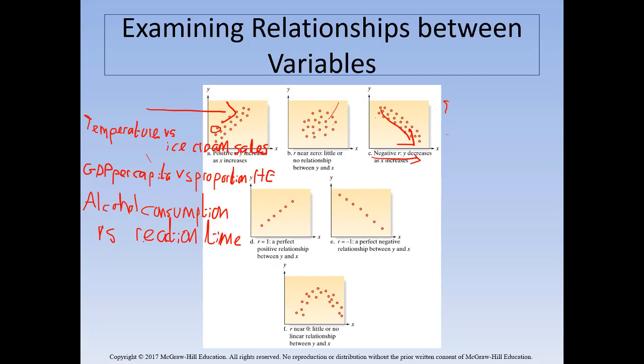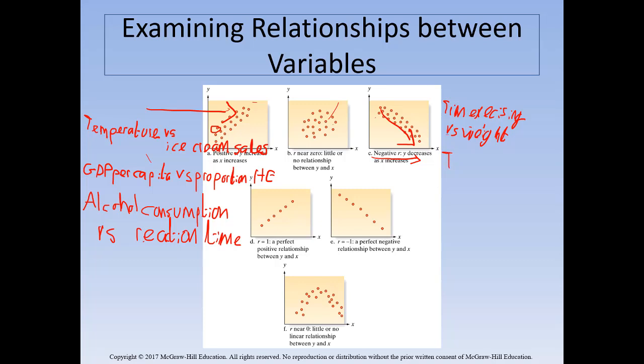So maybe time exercising versus weight. That would be a good example of something that should be negatively correlated. As you spend more time exercising, your weight should go down.